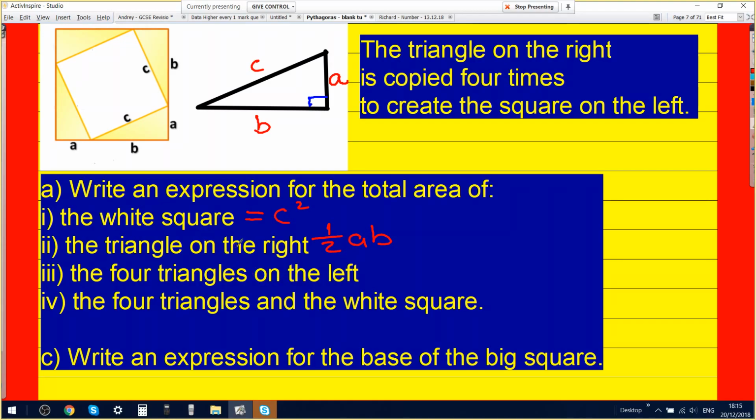What would be the area for the 4 triangles on the left? So they're the same as this one. So like this times 4, what do you get?